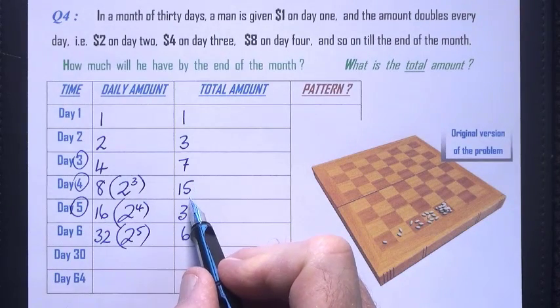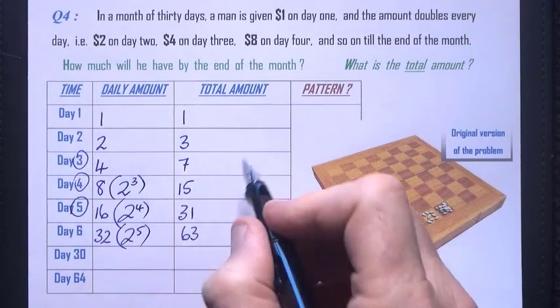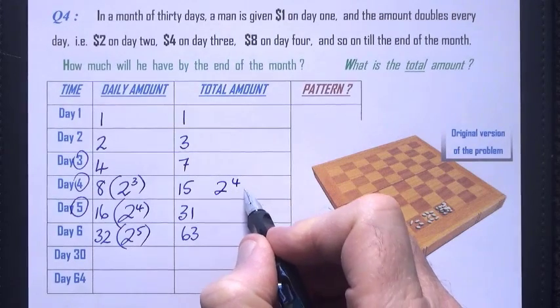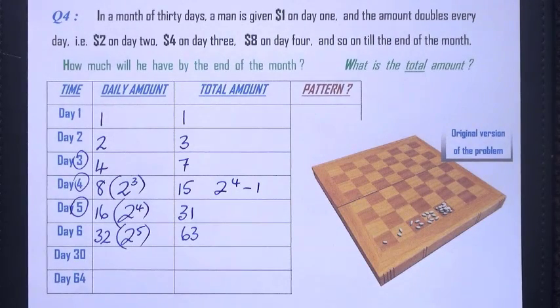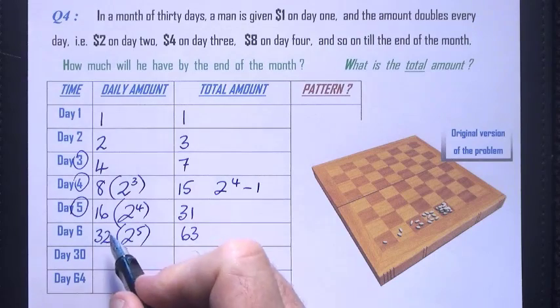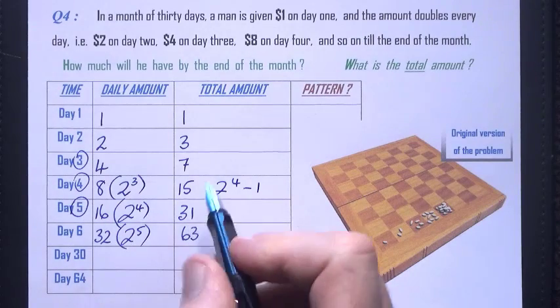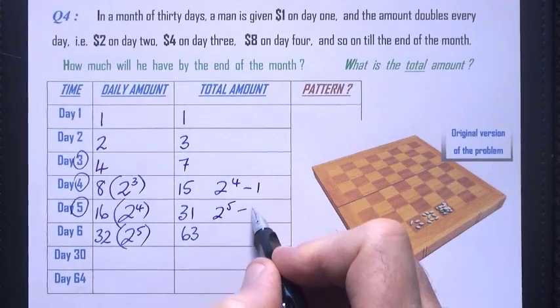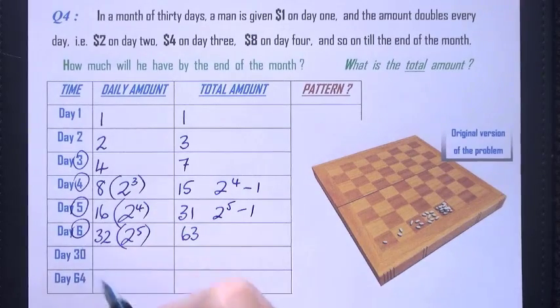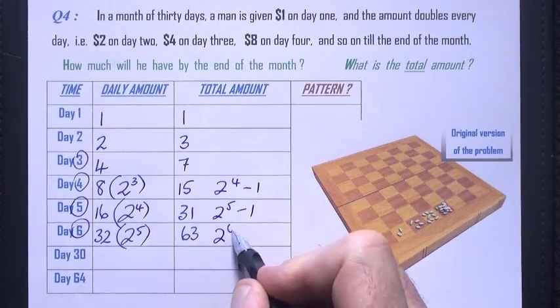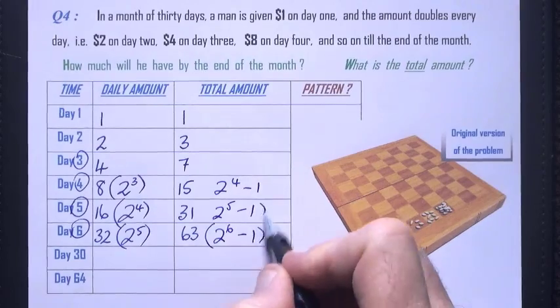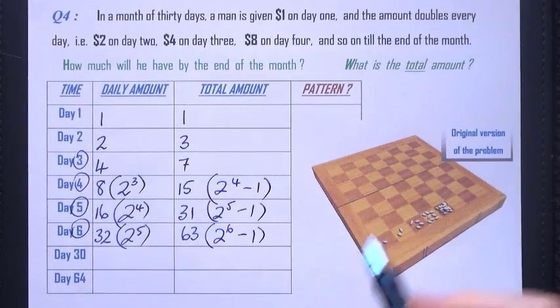Now this number, I look at that 15, it happens to be 2 to the 4th power minus 1. And here, 31 is 2 to the 5th power minus 1. And 63 is 2 to the 6th power minus 1. Now I want to know the total amount. So here is the pattern.